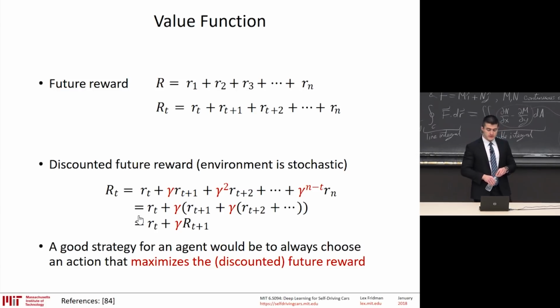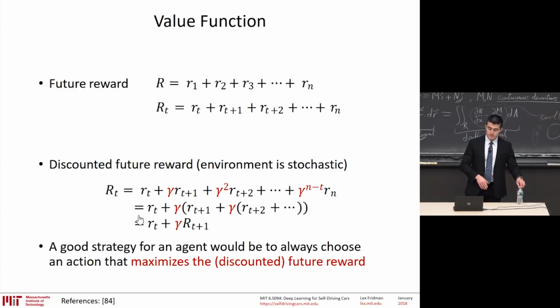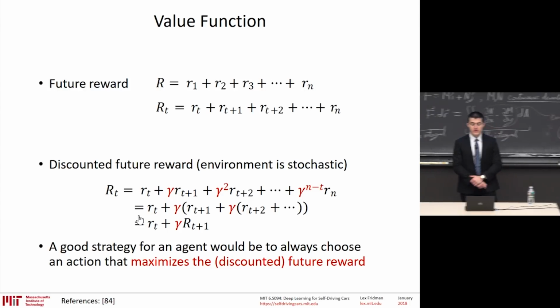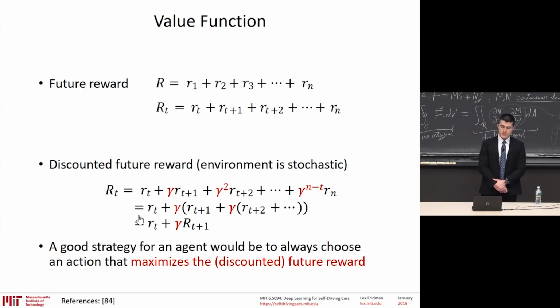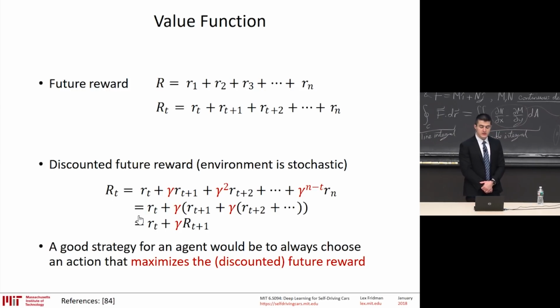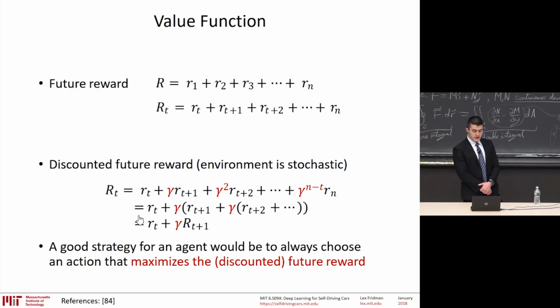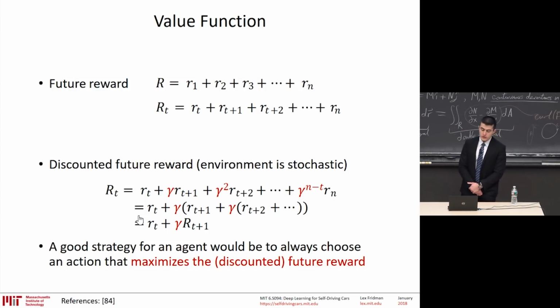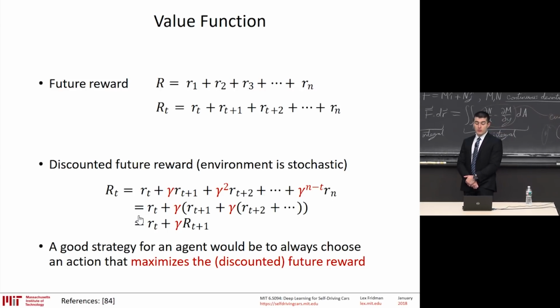So the value function, the way we think about the value of a state or the value of anything in the environment, is the reward we're likely to receive in the future. And the way we see the reward we're likely to receive is we discount the future reward because we can't always count on it.